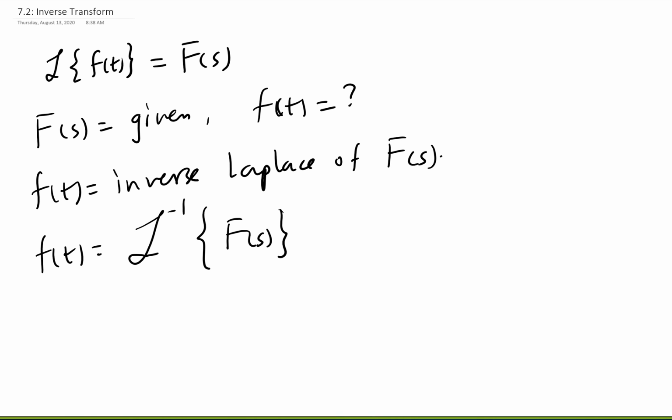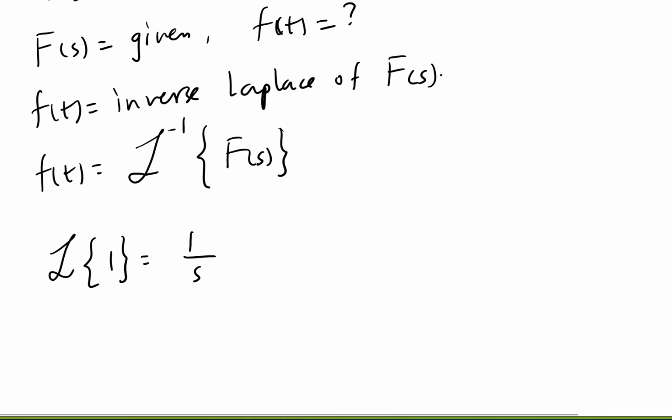For example, if you remember the Laplace of 1 from last time, it's 1 over s. So if I want to go back, if I want to find the inverse Laplace of 1 over s, that would be simply 1 backwards.